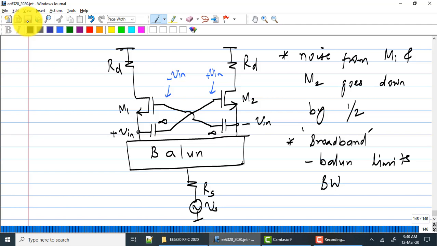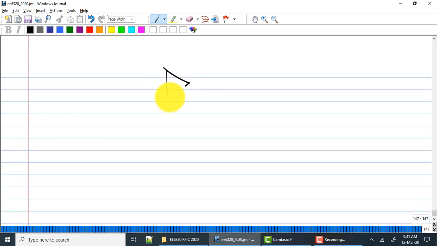I have one LNA with gain G, noise factor, noise figure NF. Maybe you can even assume that the output is driving 50 ohms. Doesn't matter.